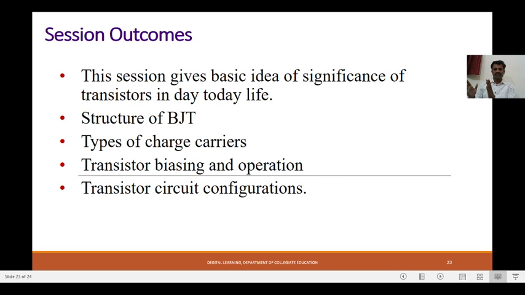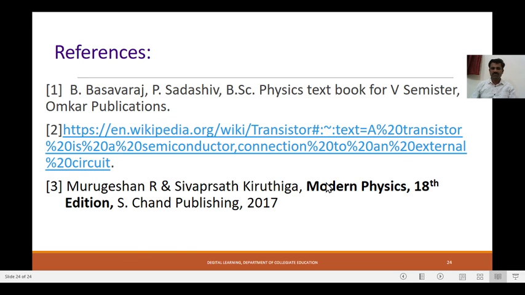The collector is of larger area, the base is very thin, and the emitter is moderately thin. We also studied the doping concentrations, the majority and minority charge carriers, how to bias, the operations, and the circuit configurations. These are all the session outcomes.